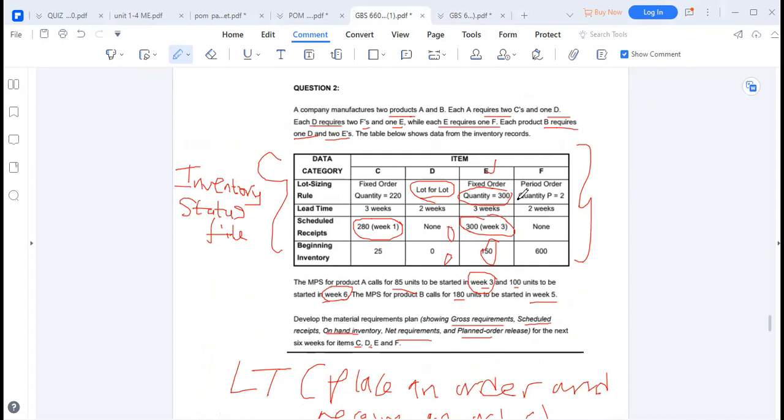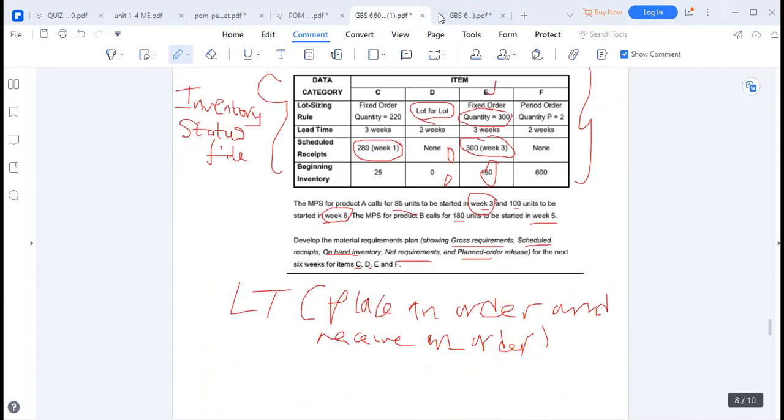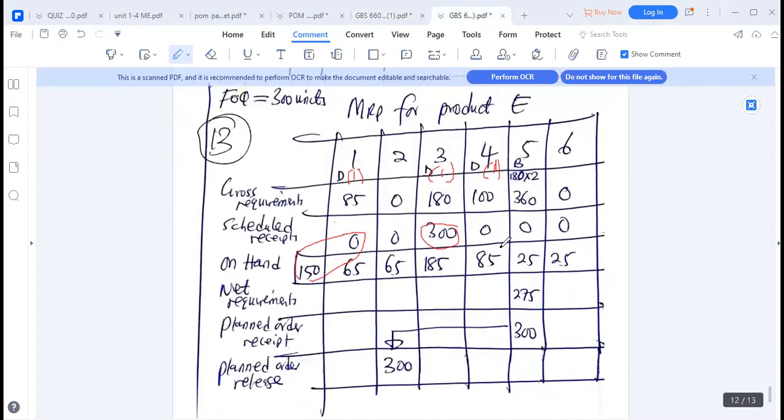That's what it means. All right, so now getting down to the E, 300 units actual receipts that we receive from our suppliers. And on hand is 150. So say 150 plus 0 to meet the demand of 85, we still remain with 65 units here.